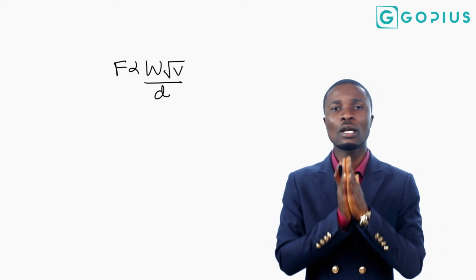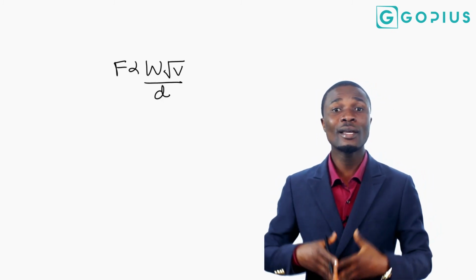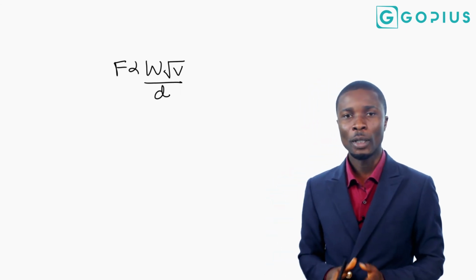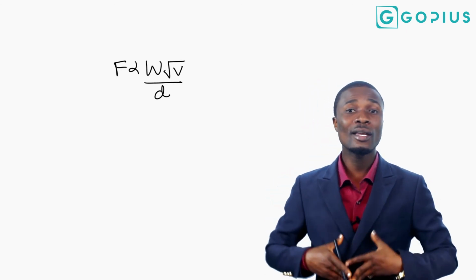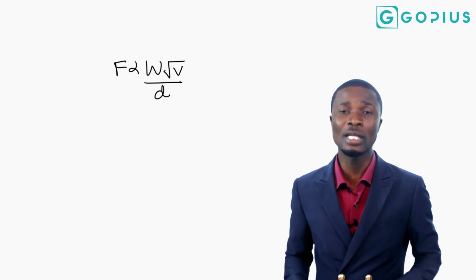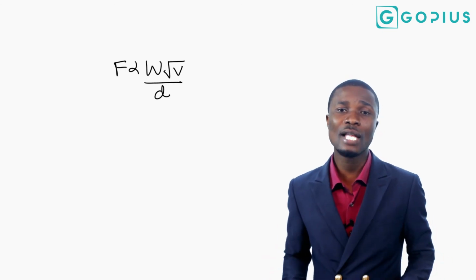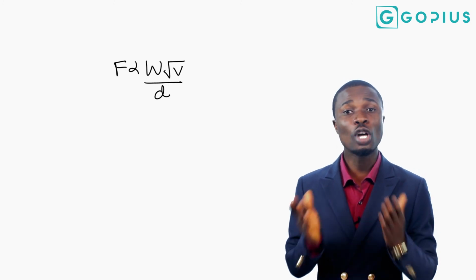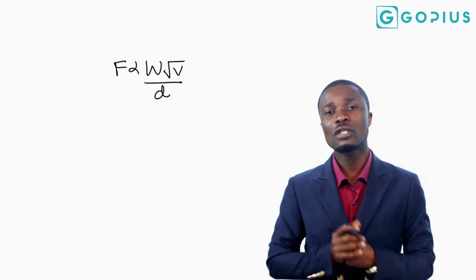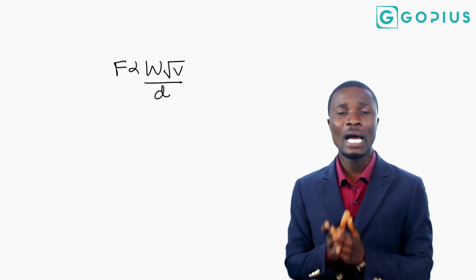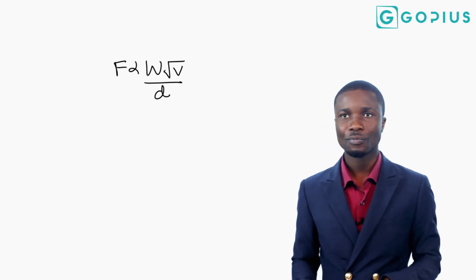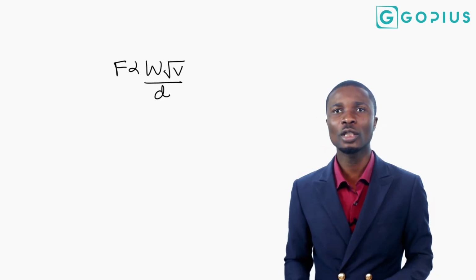Now a quantity F is varying directly as the weight W, is also varying directly as the square root of the velocity, and is also varying inversely as the distance traveled. So this is a joint variation, and this one of course involves 2 direct and also 1 indirect. Okay, so that's the interpretation.